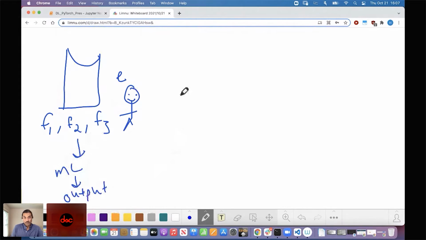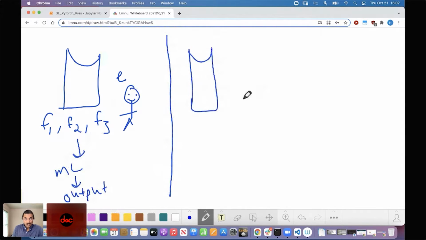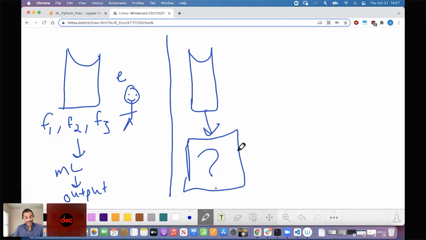Now, how does that differ from deep learning? This is the cool part. We still have our data, so we have our little container, but there's no more expert now. All we need to do is feed that data into, here's my magical black box, because that's really what it is.